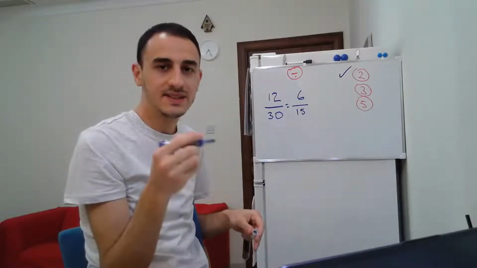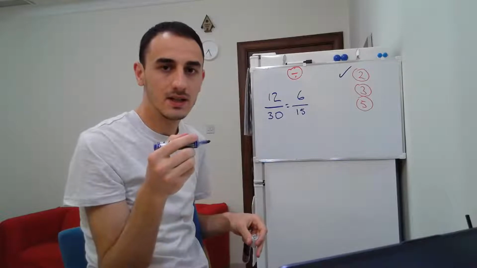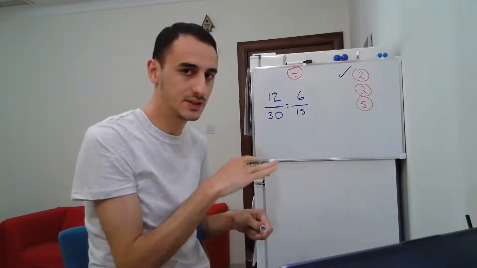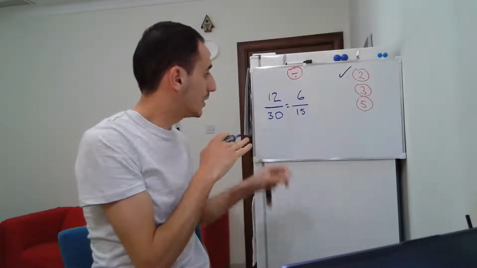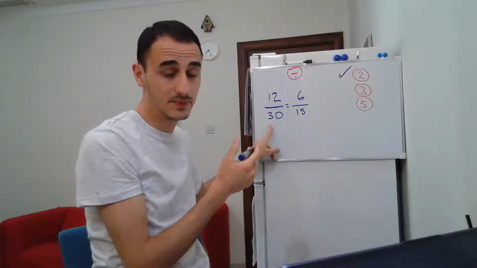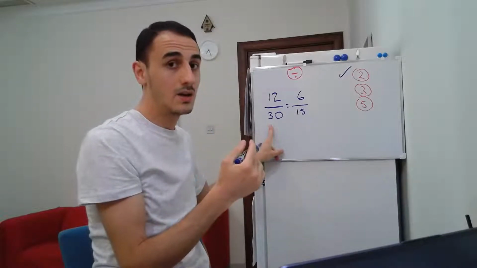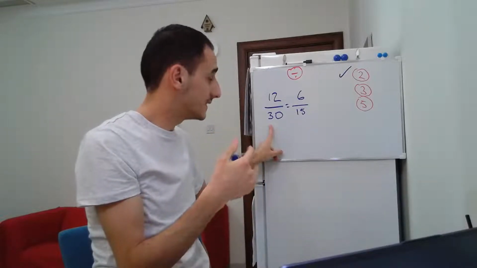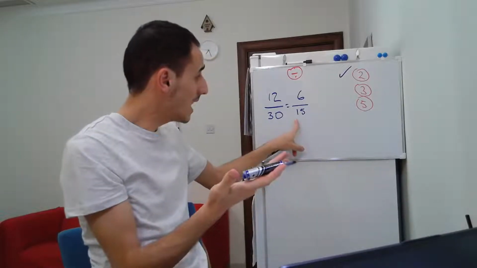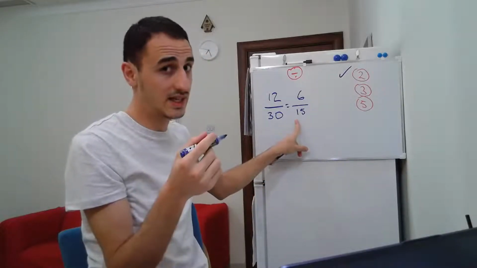Most of the time, the instruction says simplify to the lowest term. So if you simplified, of course it is simpler than the original one. But since the instruction says the simplest, lowest term, I need to ask the same question again.